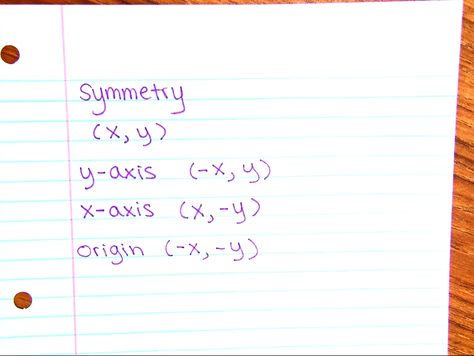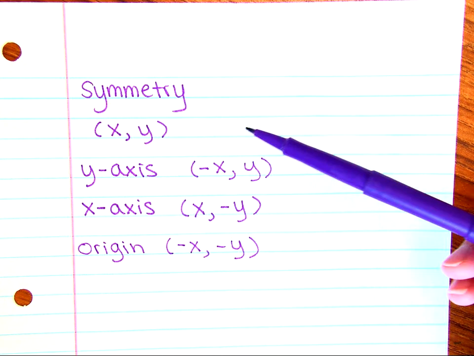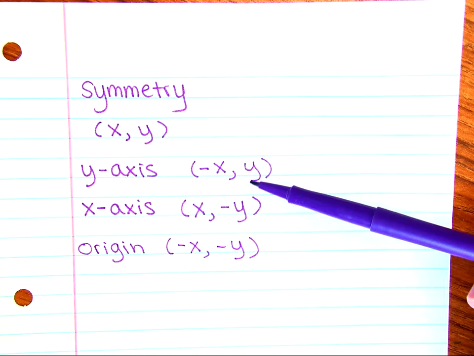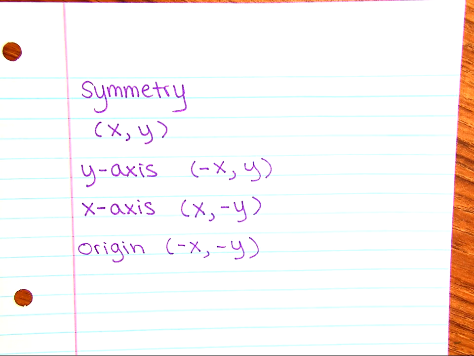So at the very beginning of this video, I talked about how do I determine if a point is on a graph. Well, we know how to do that. So now if I could figure out a point that is on the graph, then I could test these three different scenarios to see if it is symmetrical either by the x-axis, y-axis, or the origin.